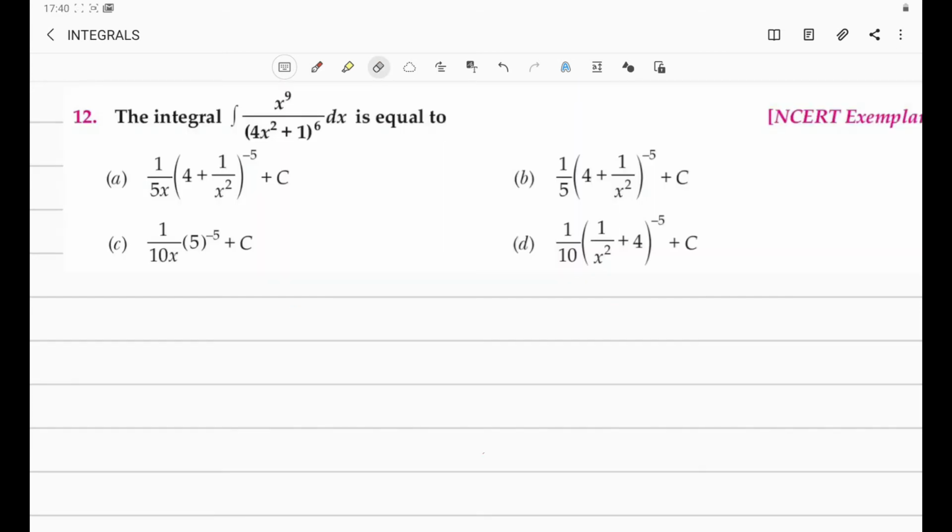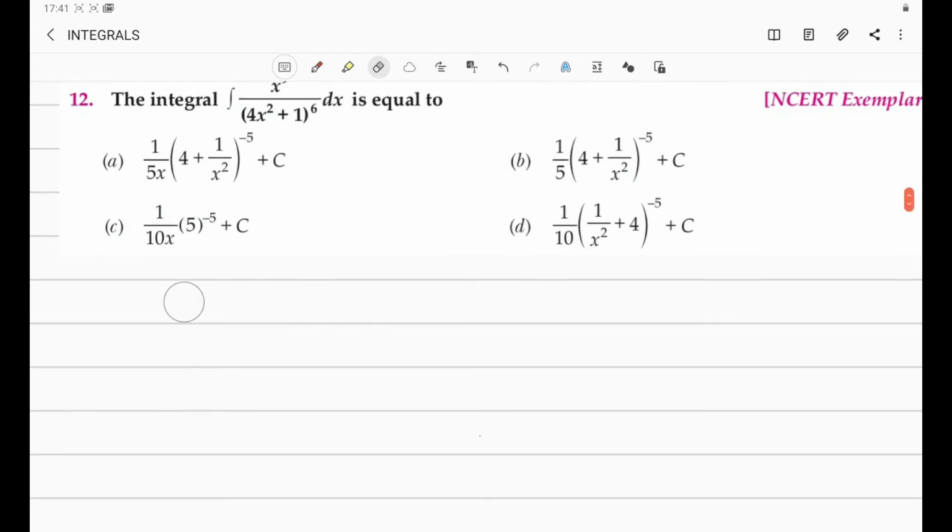Question number 12. The integral of x to the power of 9 by 4x square plus 1 whole to the power of 6. So let us try to simplify the integrand first.